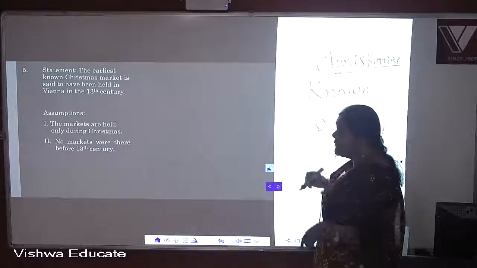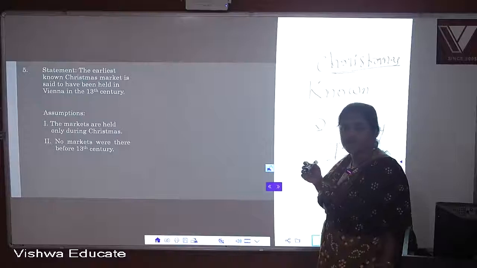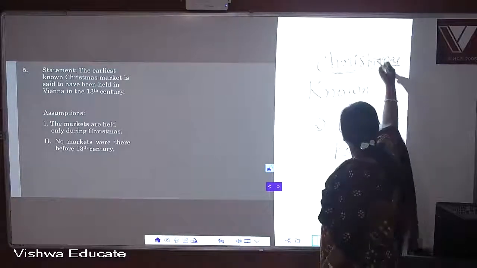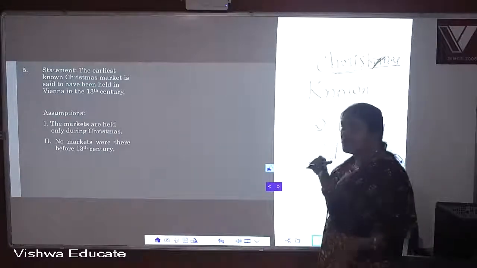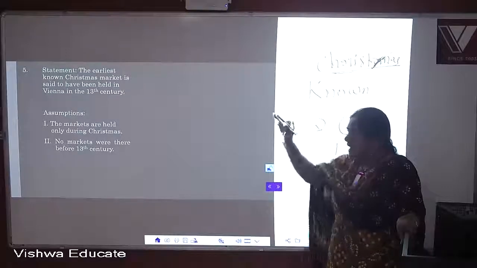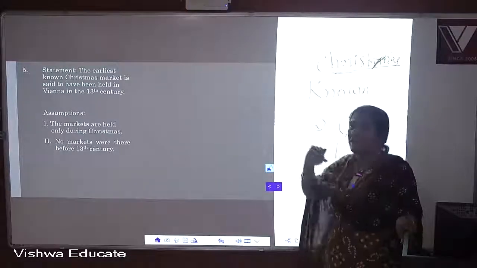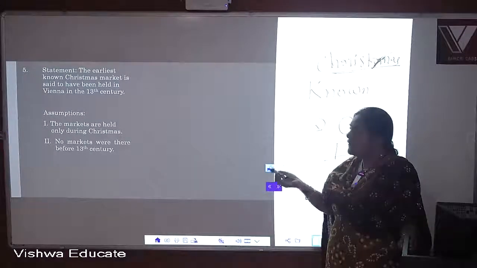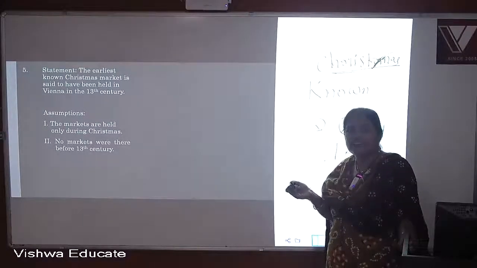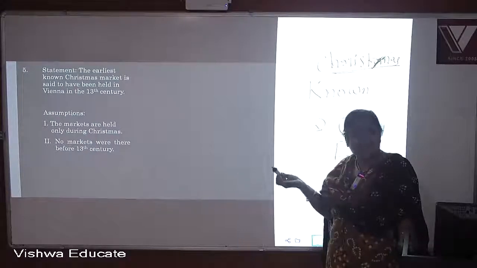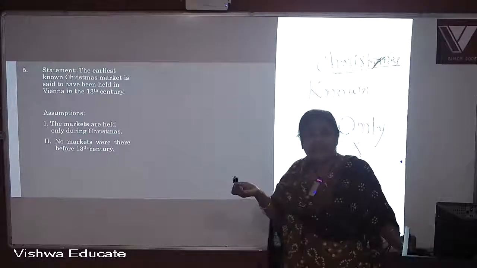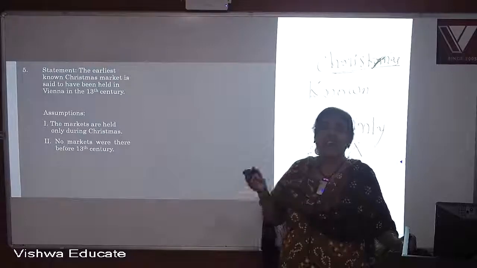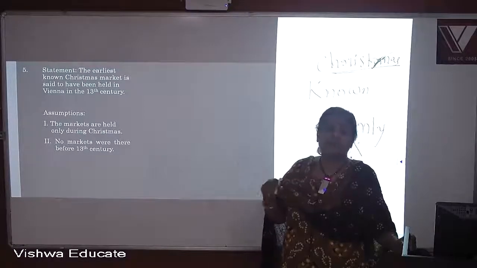But here we are talking about no markets. So therefore, this part is giving me very clear information that I'm talking about a particular market, that is Christmas market. So therefore, no markets were there before 13th century is irrelevant, because when my statement is talking about only Christmas market, I cannot think about the other markets, the general markets.